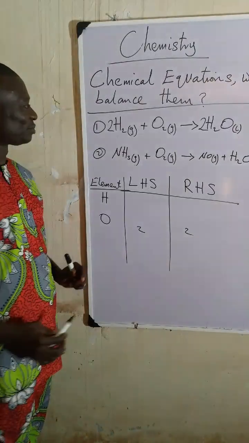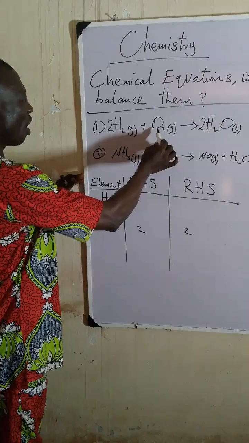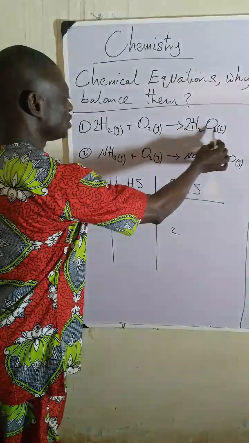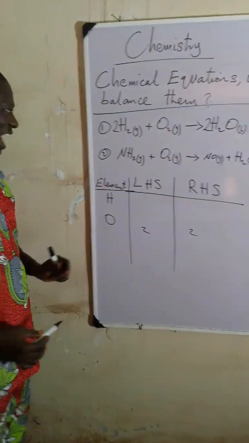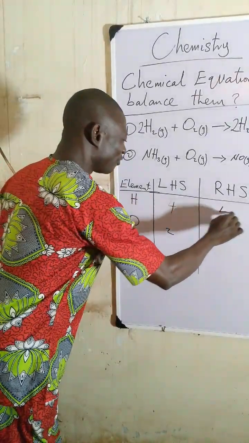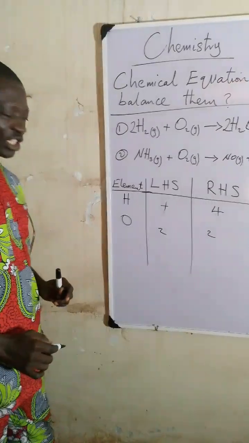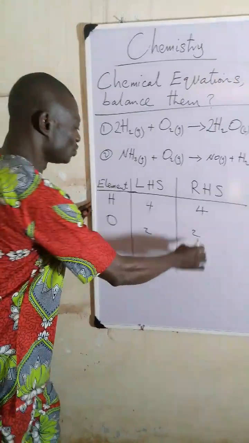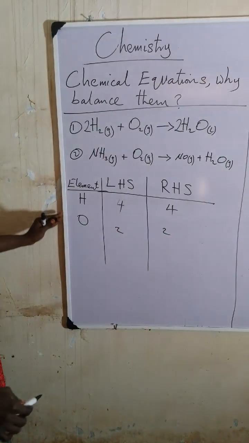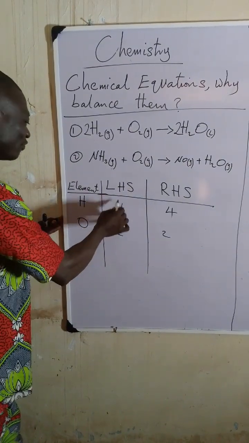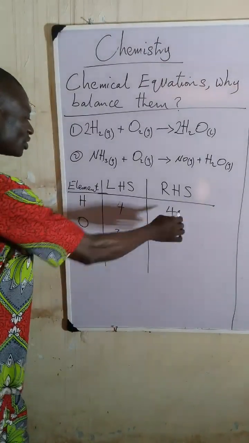Oxygen will now be 2 on the reactant side, and 1 times 2, which is 2, on the product side. So we have 2 on the left hand side and 2 on the right hand side for oxygen, while hydrogen has 4 on both sides.